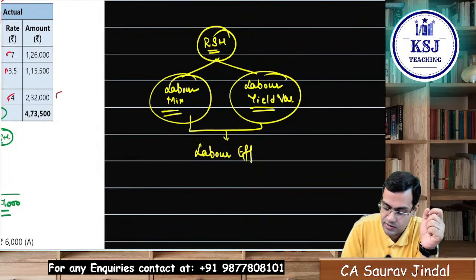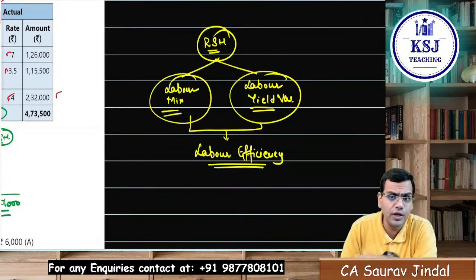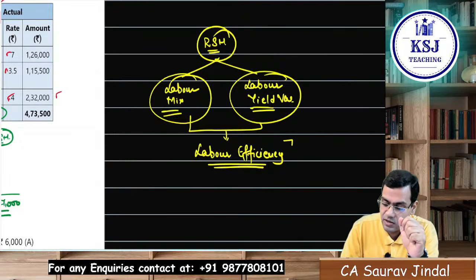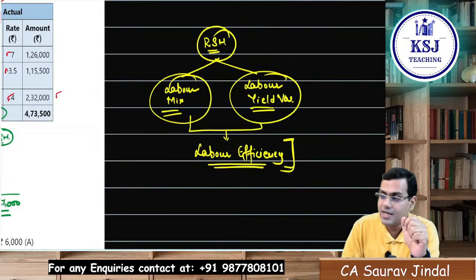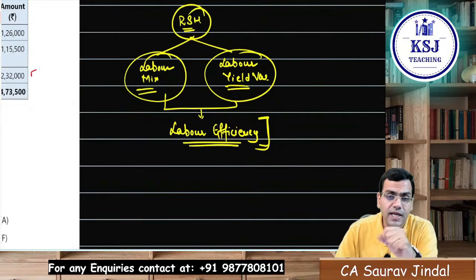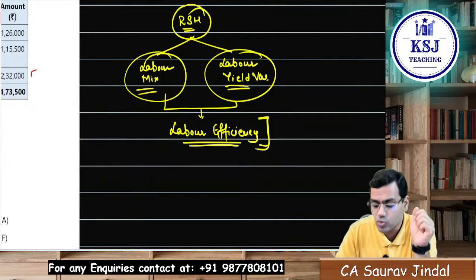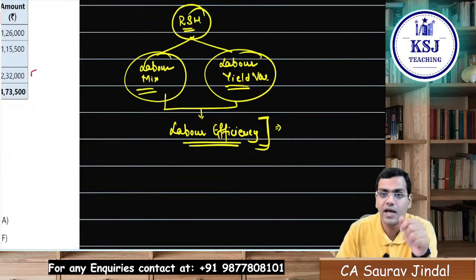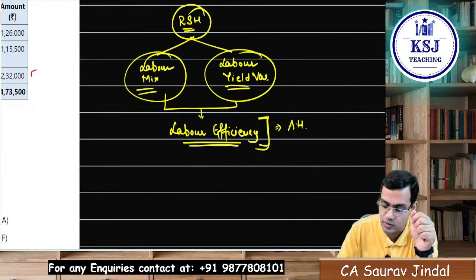And I told you yesterday in one of the questions that when we are calculating the efficiency, in case of efficiency, what do we take, the actual hours paid or actual hours worked? The efficiency we normally calculate on the basis of actual hours worked, right?